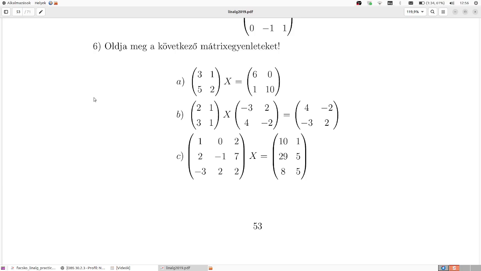We can do the inversion, but we have weird numbers. Okay, let's do the inversion.